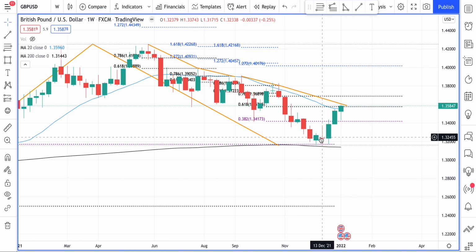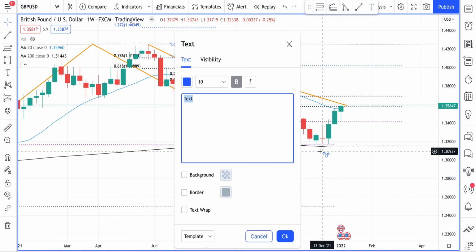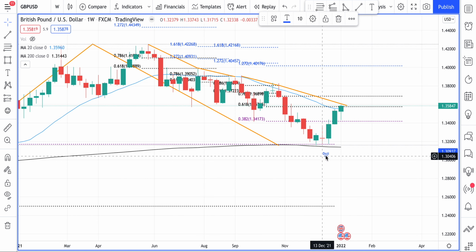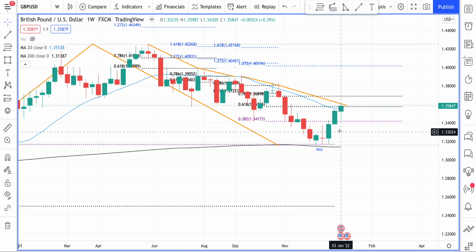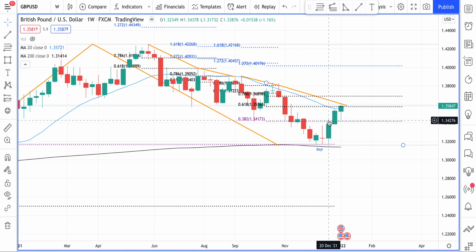The next week, sellers again could not take it below, and although the candle is slightly negative, there is really no decision, and that's what we see here, a doji formation. I'll just write doji, which usually means sellers and buyers are fighting, and there's just no clear winner. And the next candle is actually fairly large.